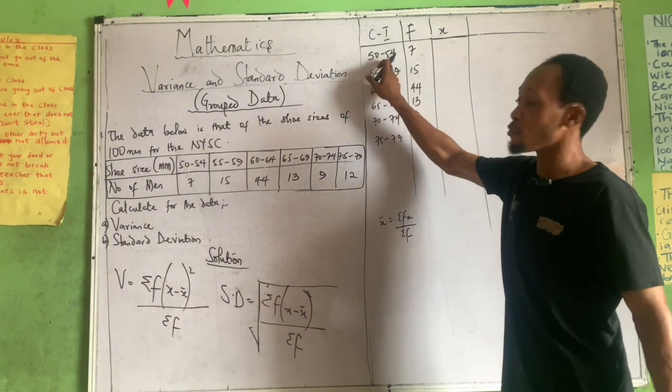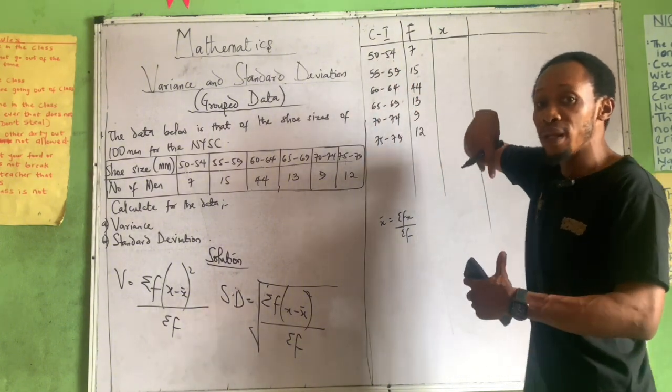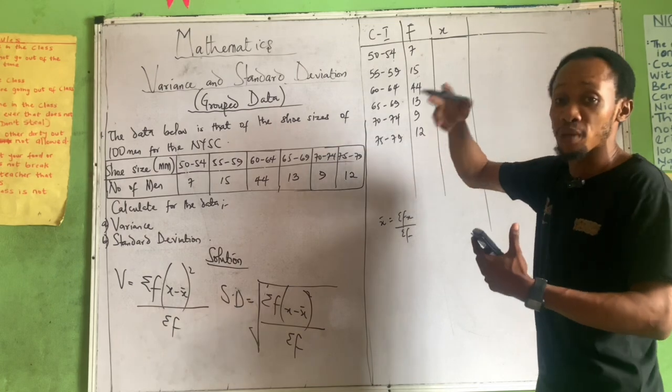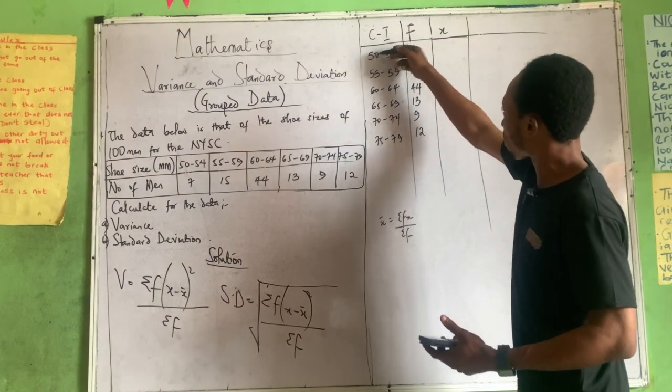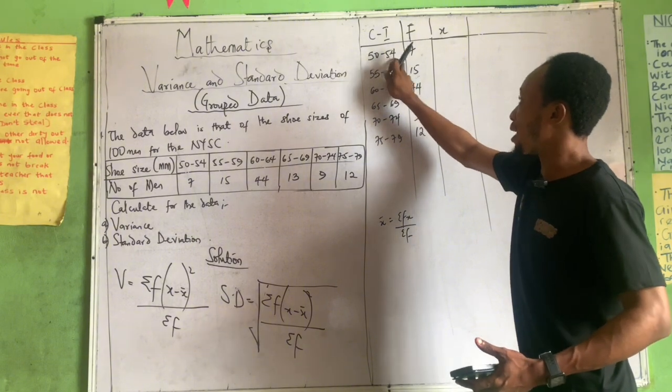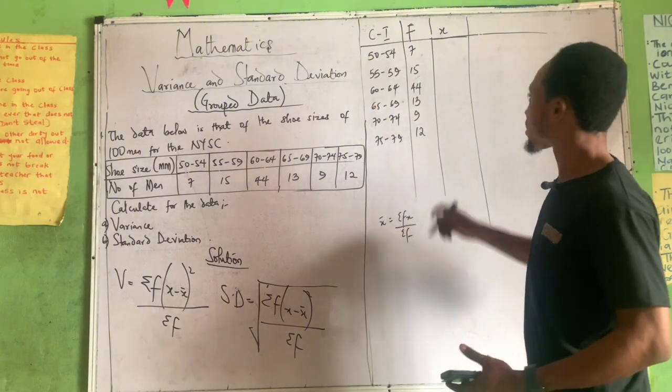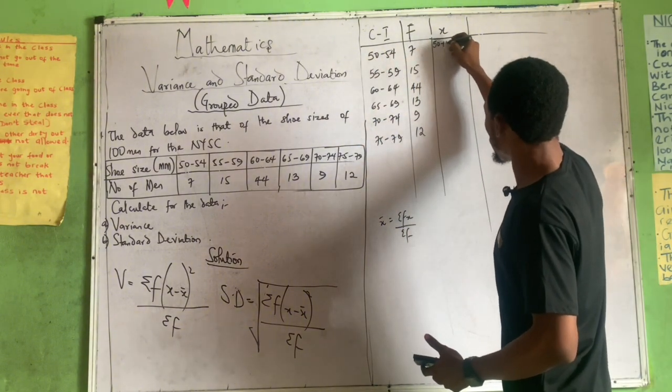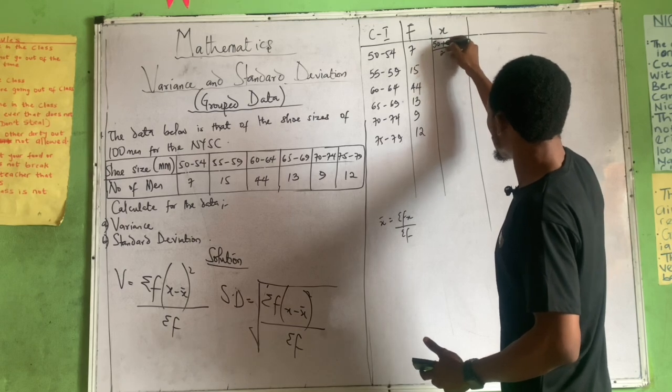Remember, if you go back to one of the previous classes where I solved the mean of grouped data, you see how to calculate it by finding the midpoint, or the average, of this class interval. So it will be 50 plus 54 over 2.